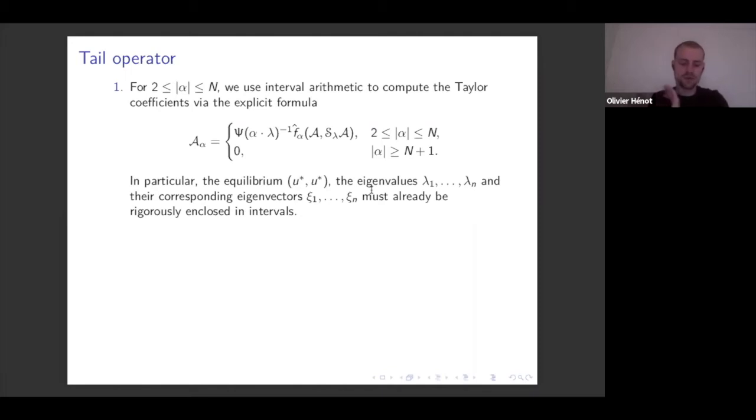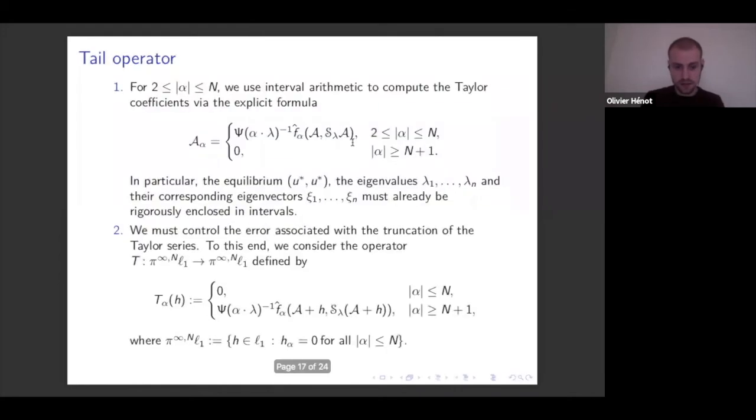So that's something you do beforehand. And then you use interval arithmetic with the recursive formula we talked about. And then you define essentially just the tail operator, which is going to give you control of the error of the truncation of the Taylor series. So it's simply defined. And again, we are blessed with an explicit formula, so we just use it.